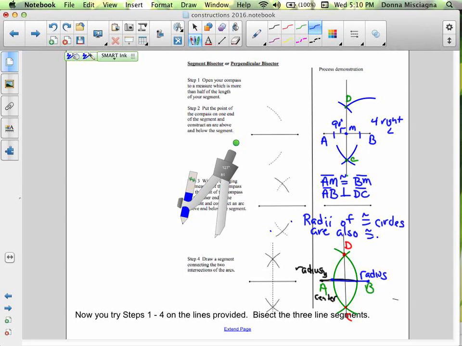So if the circles are congruent, so are their radii. So we have 2 congruent segments, from B to the point on the circle and from A to the point on the circle.